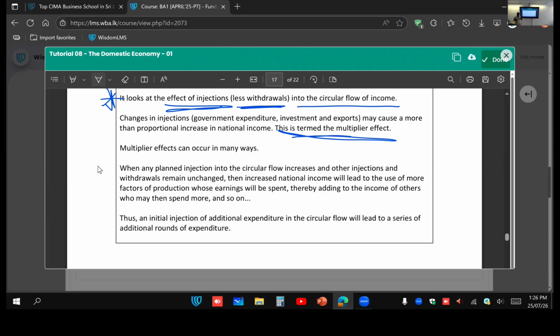Understood? So we are going on a journey actually. It's been about 2 months. We have another 2 months to go. And this is the lengthiest part we are completing. By next week, I'm completing this domestic economy and international economy both. After that, 60% of the syllabus is done. The rest is all about investment appraisal, index numbers, forecasting.